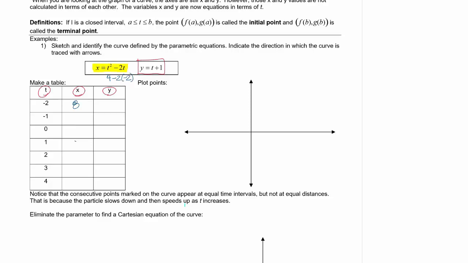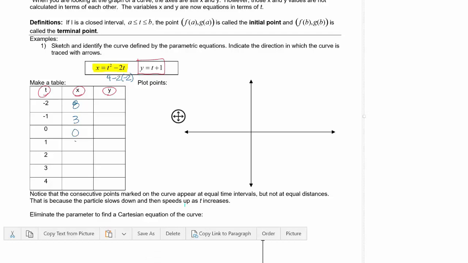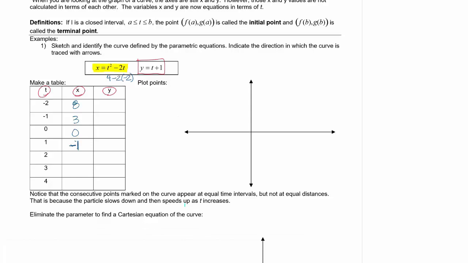So negative 1 quantity squared would be 1, plus 2 is 3. 0 would be 0. 1 would be 1 minus 2, which is negative 1. 2 would be 4 minus 4, which is 0. 3 would be 9 minus 6, which is 3, and t equals 4 would be 16 minus 8, or 8. So again, I put all those t values into that highlighted equation. Very simple, sort of plug and chug activity here.